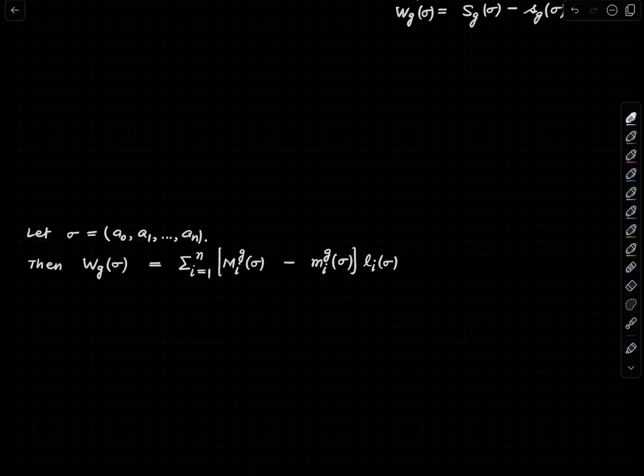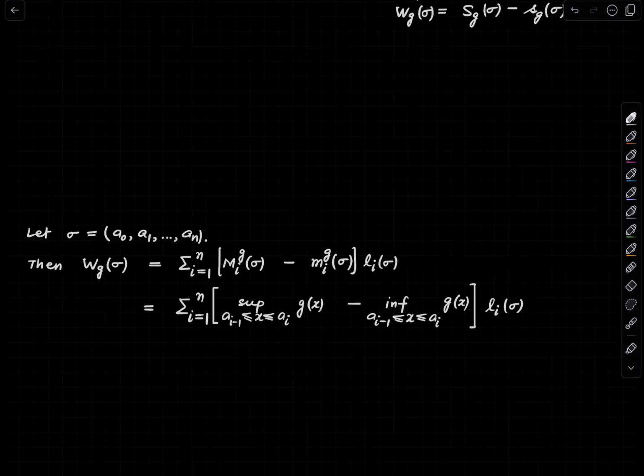That's what it is, but let's even further unravel it. So the supremum over the ith part, this thing, of g(x) minus infimum. Right, that's what it is. And g(x) is phi of f(x), so I'll write that.